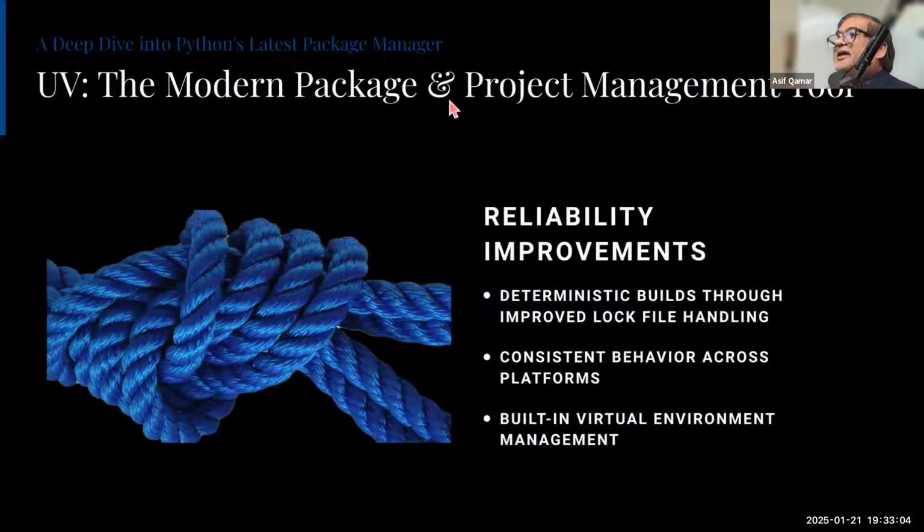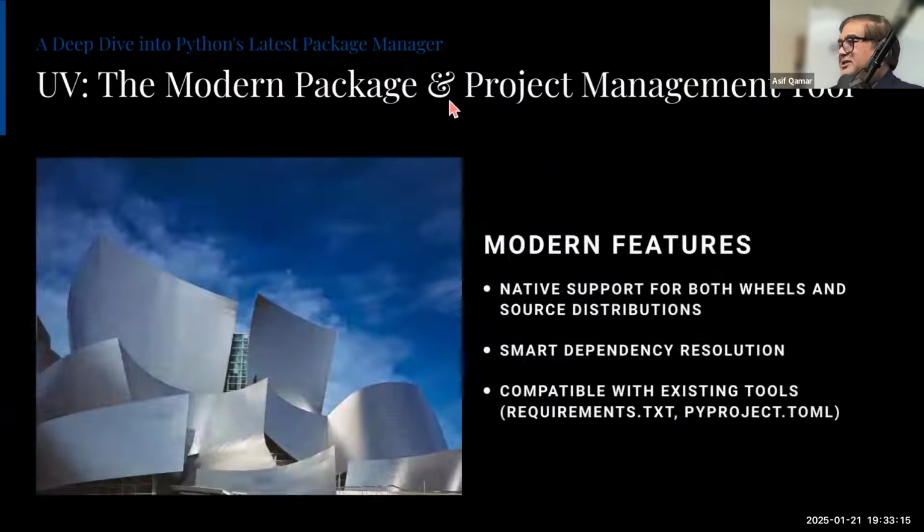In other words, it doesn't invent everything from the ground up. It's not necessarily the inventor, but it has adopted a lot of the best practices. And for modern features, it has native support for both wheel and source distributions. Why do we need both? As you know, in Python, you distribute your projects to be run as wheel files.